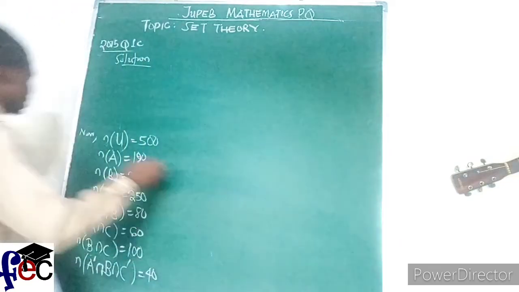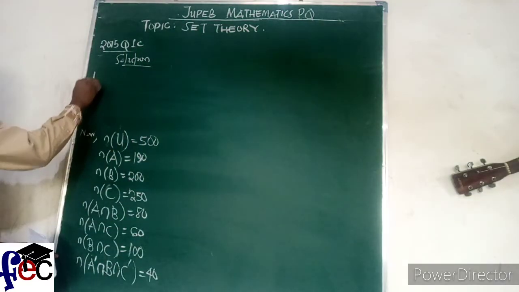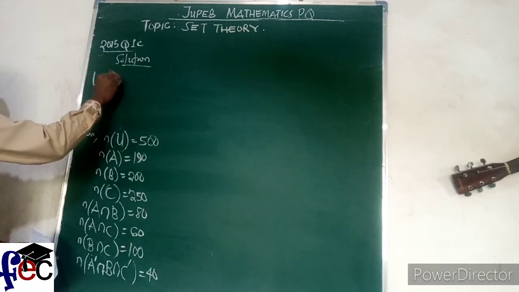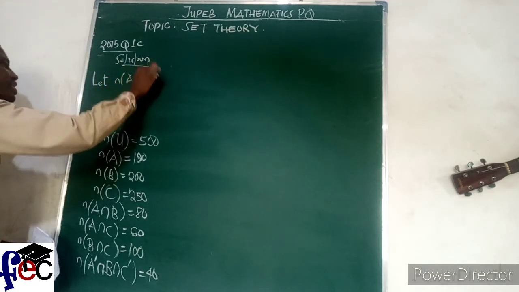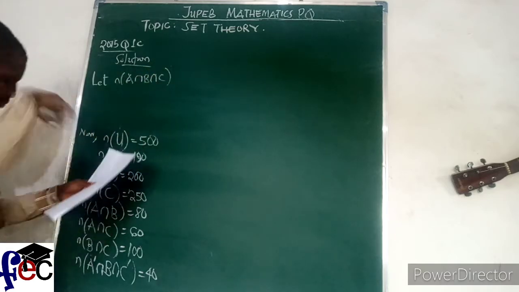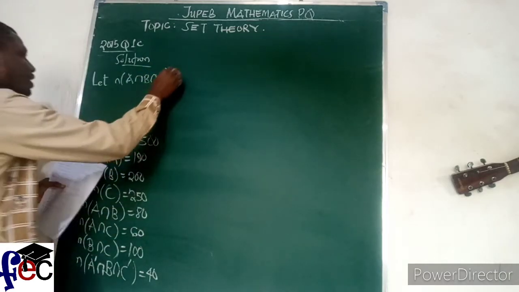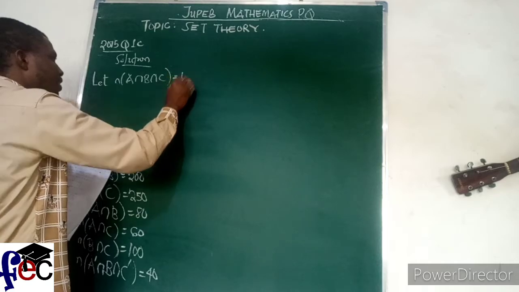So see what I'm going to say. I will say, let the cardinality of A intersection B intersection C be, say, P.